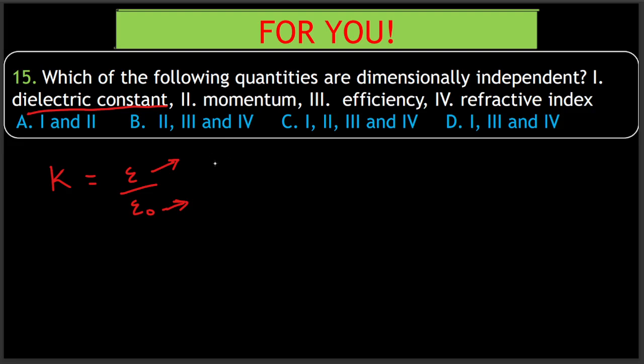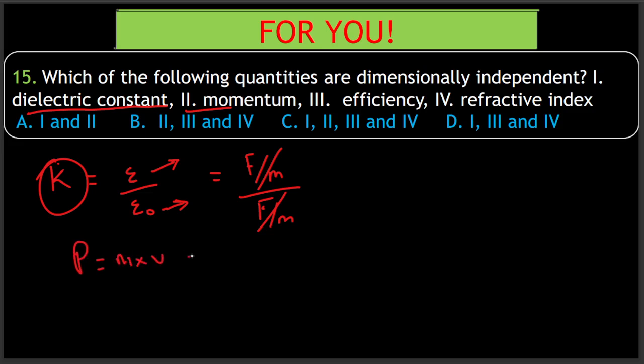Their unit is farad per meter, so they both cancel. So this is unitless, hence dimensionless. Is that okay? Now we check momentum. We know momentum has a unit, therefore it must have dimension. Momentum is mass times velocity, so kg meters per second. So this one has dimension.